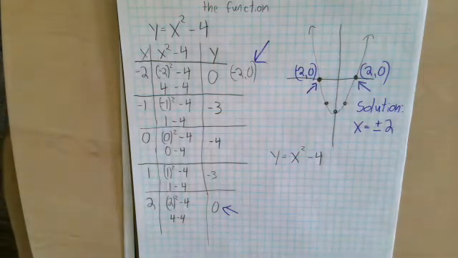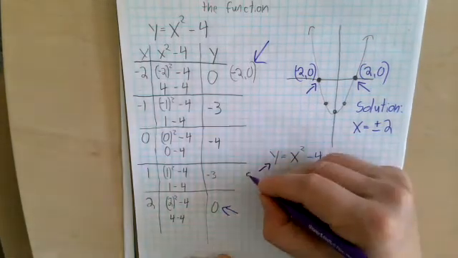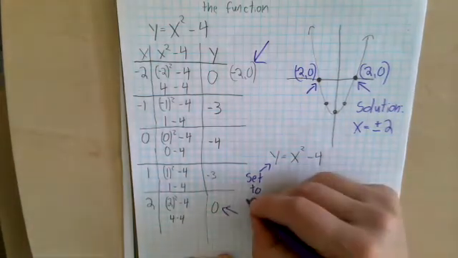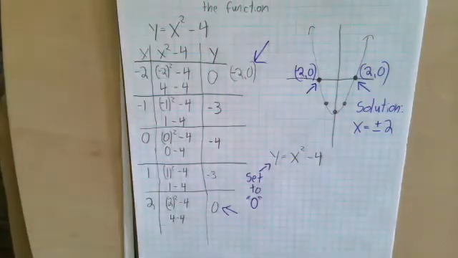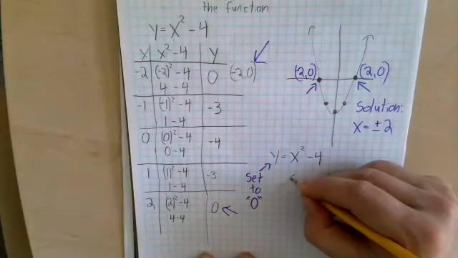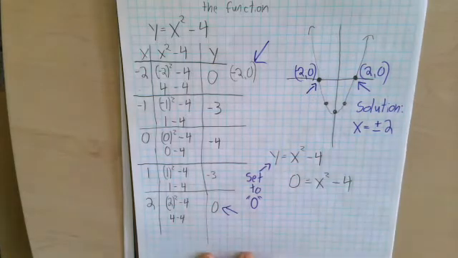The reason this works for solving equations, we're going to do this over and over again. We're going to set that y to 0, so that it looks like 0 equals x squared minus 4.